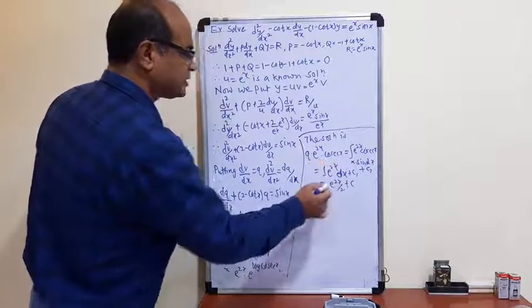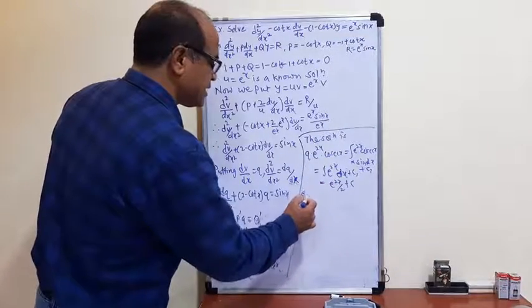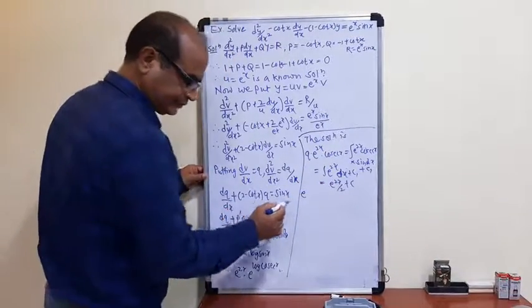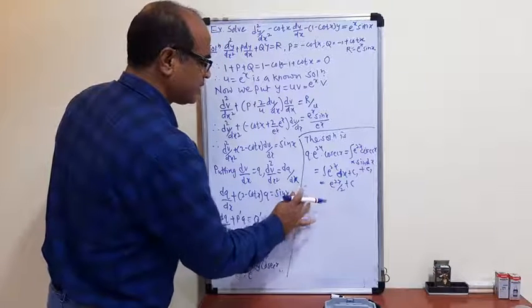So this equals this here. So this can be written as e raised to 2x into cosec x into q.